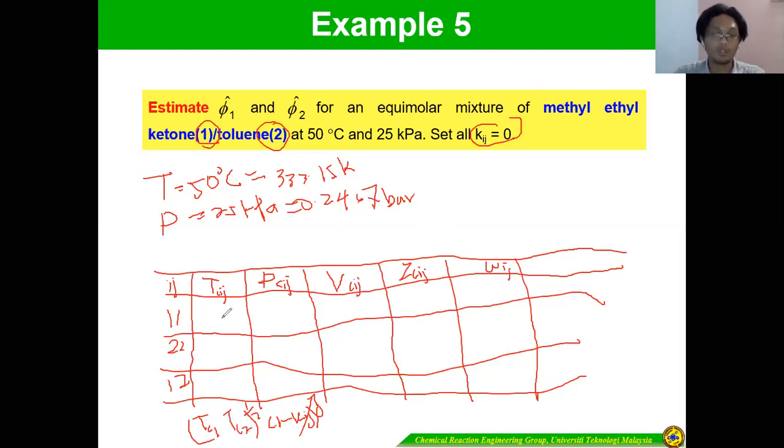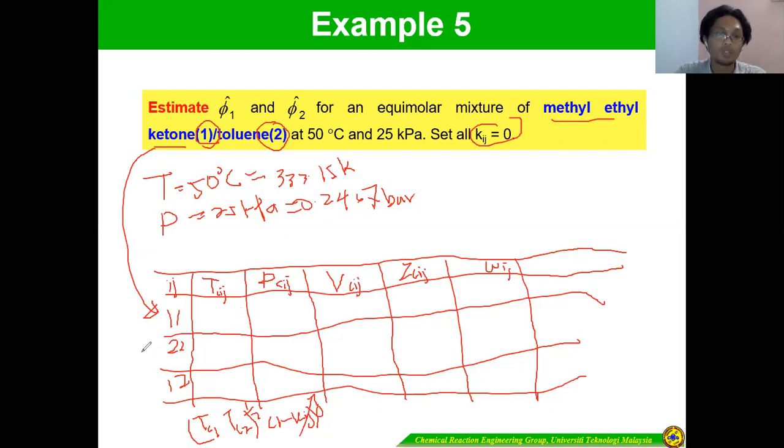So can you calculate TCij? You have to determine these from the appendix. Since this is a pure species, methyl ethyl ketone, please find TC11, equal to TC1, and this one is TC22.